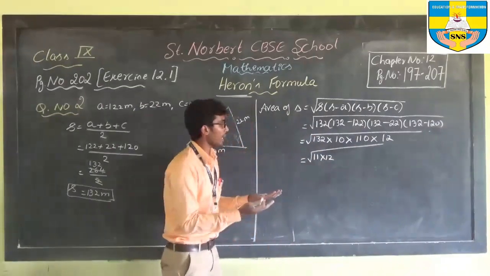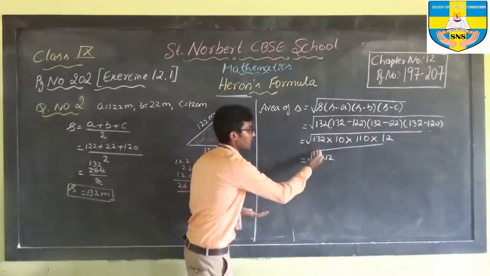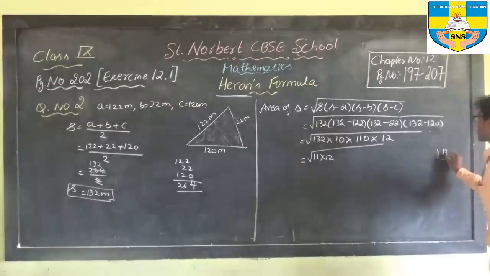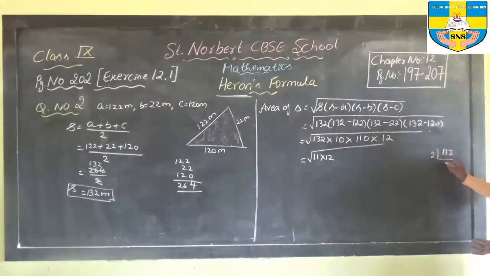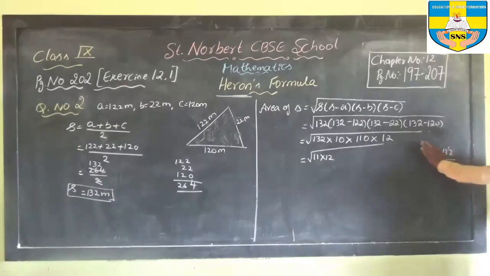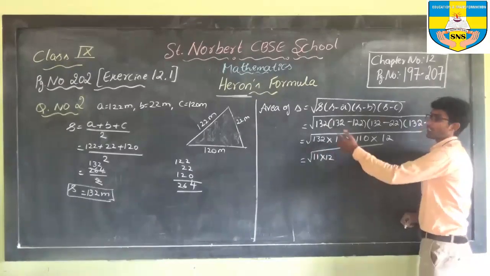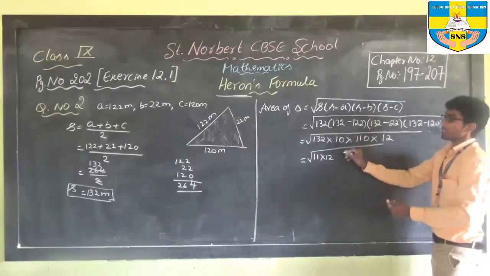If you are not thorough, I know the table, so I am writing in this way. Otherwise, you can go for prime factorization, but I feel if you can remember 11 into 12, you can do it quickly.